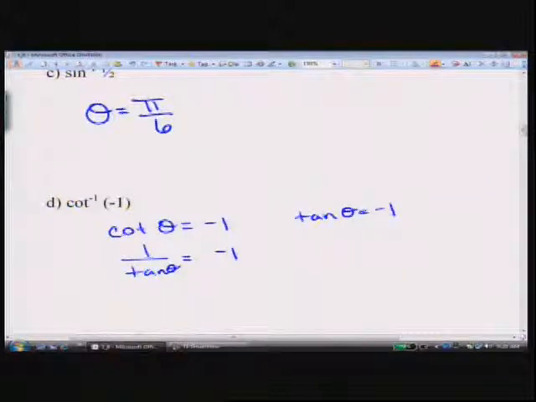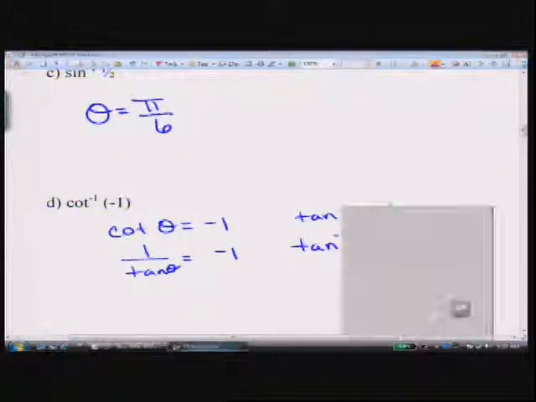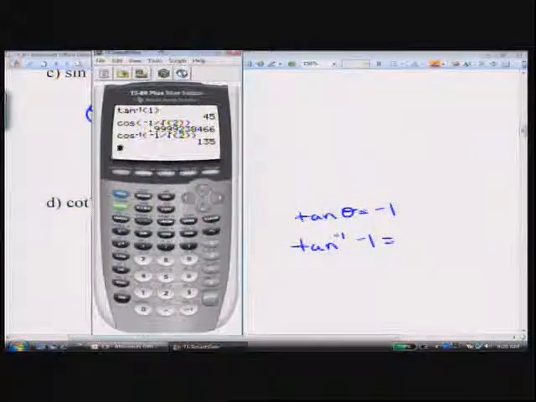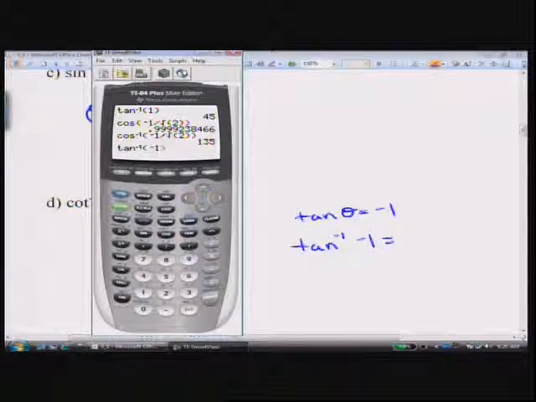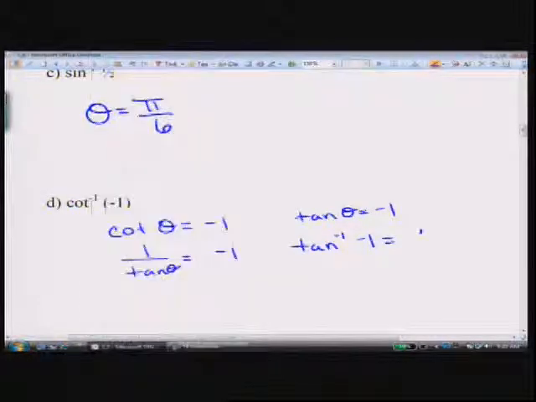And this is really tricky. This is saying what is the inverse tangent of negative 1, which if you do that on your calculator, it will give you negative 45 degrees, right?